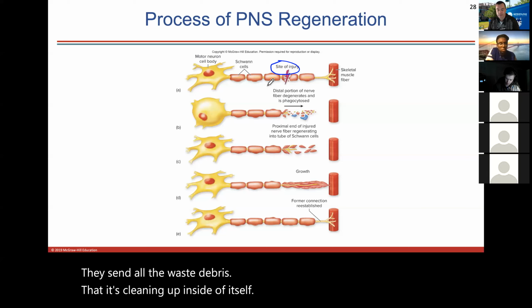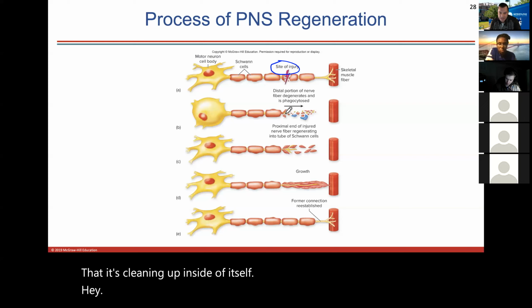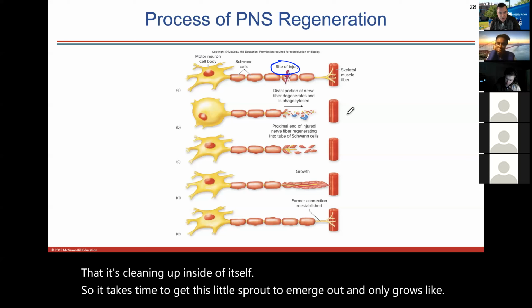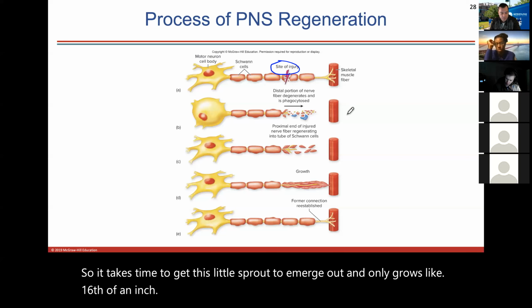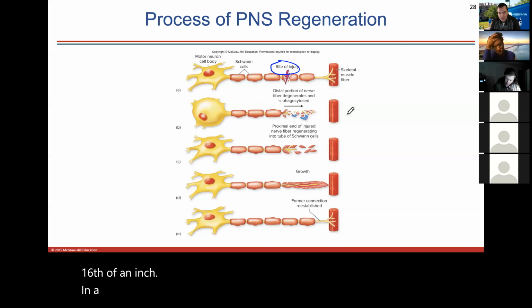Okay. So it takes time to get this little sprout to emerge. And it only grows like 1/16 of an inch in a year's time. So this takes some pretty significant time to regrow.